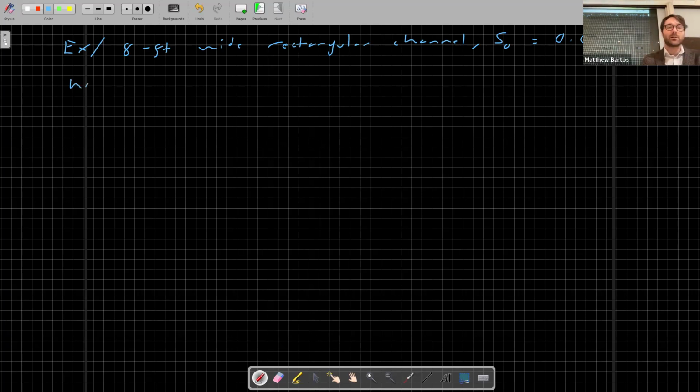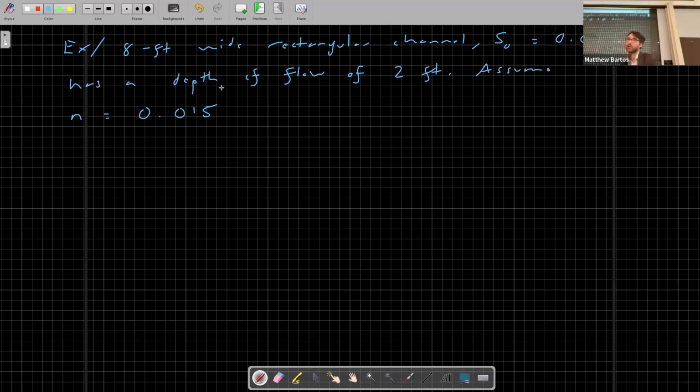It has a depth of flow of 2 feet. We're going to assume a roughness. So assume a Manning's roughness of n, as in November, is equal to 0.015. So this would be characteristic of something like concrete. And I want to determine the discharge assuming uniform flow conditions.